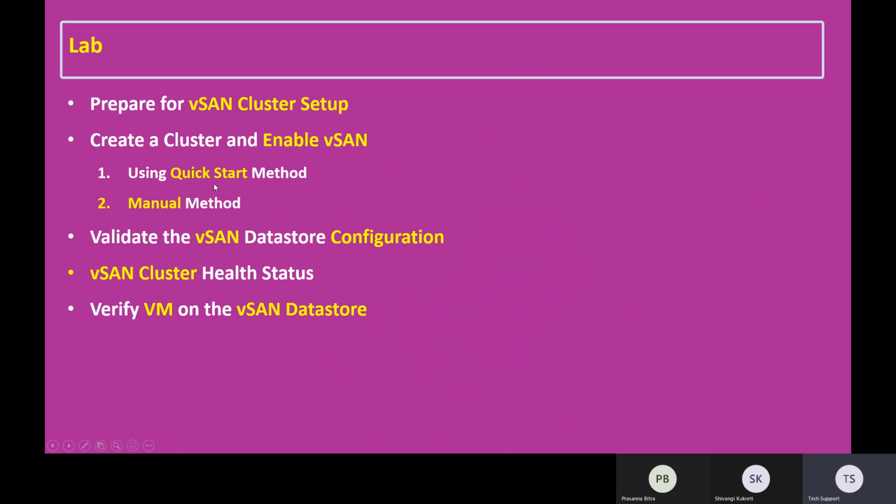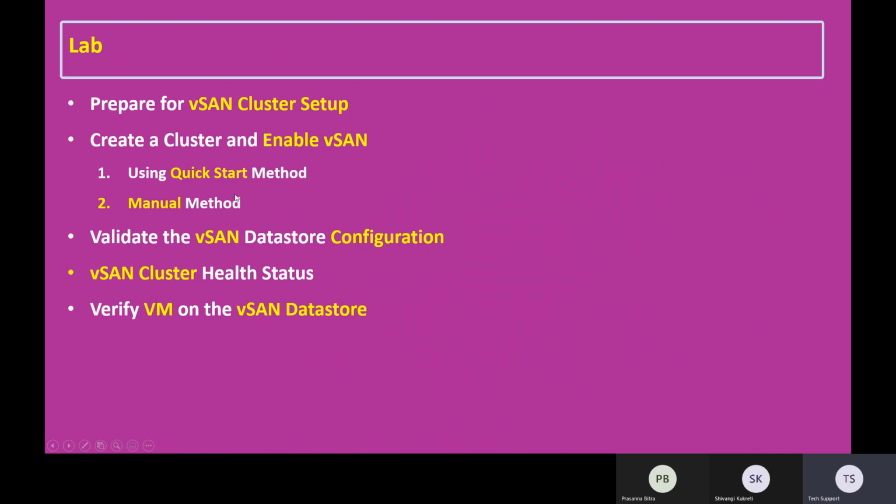We have two remote lab systems. One lab system, I will show you quick start method, and another system, I will show you manual method. Okay, and validate the vSAN data store configuration. We can also validate whatever the data stores are available, all the data store configuration we can validate, and vSAN cluster health status.